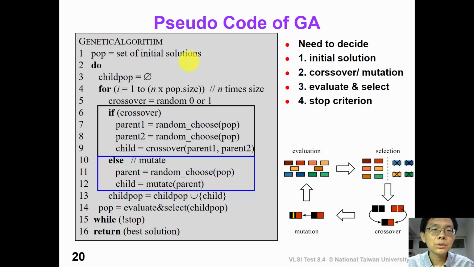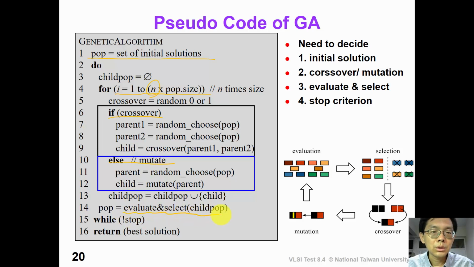This slide shows the pseudocode of the genetic algorithm. Given a set of initial solutions, we generate a child population that is n times larger than the parent generation. We can use either crossover or mutation to modify the gene of the parent population.